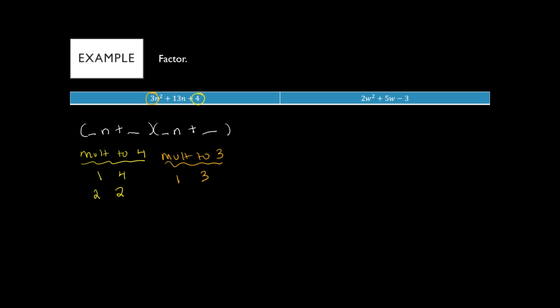In this case, only 1 times 3. So at least I don't have a lot of choices there. And then I need these to add to 13. I'm going to actually write this down here. Add to 13.